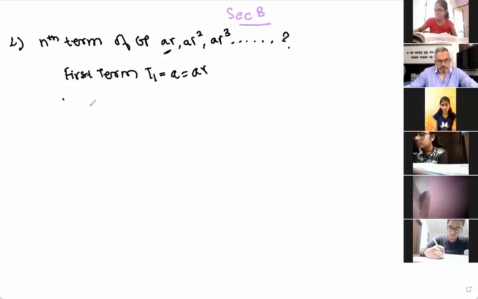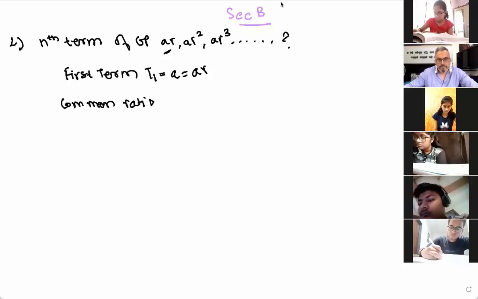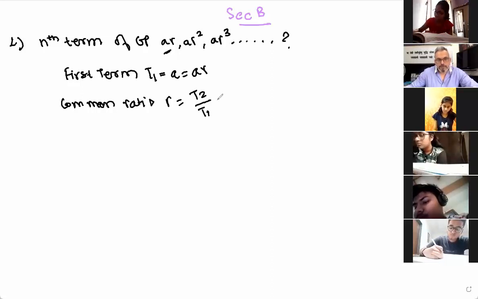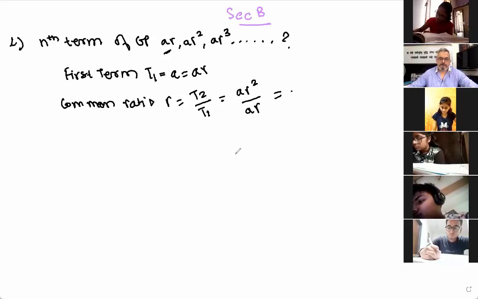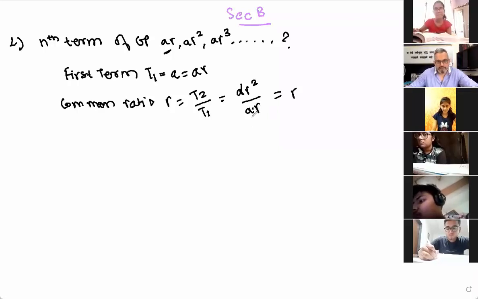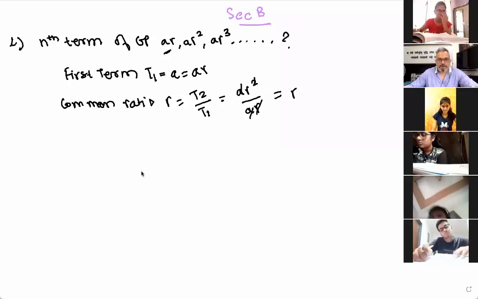Common ratio R is equal to T2 upon T1, which is equal to AR square upon AR, which is equal to R. So common ratio remains same R because A cancels, R raised to 1.